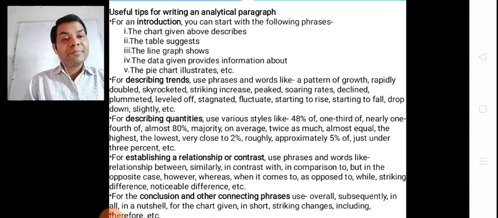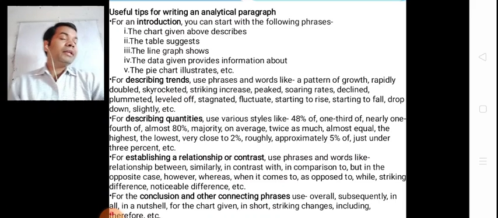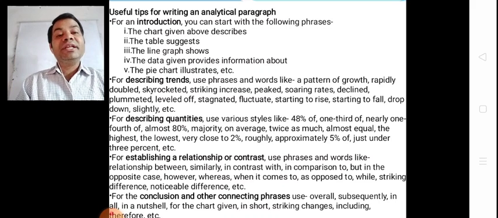Now, for describing quantities, use various styles like 48% off, 1/3 off, nearly 1/4 off, almost 80% off, majority, average, twice as much, almost equal, the highest, the lowest, very close to 2%, roughly, approximately 5%, just under 3%, etc. So this way you can describe the quantities mentioned in the paragraph.